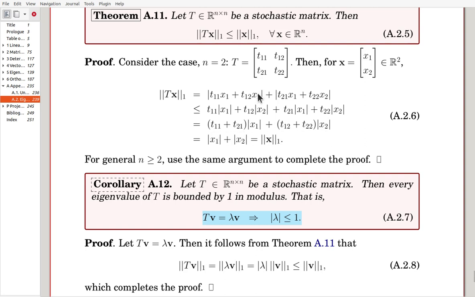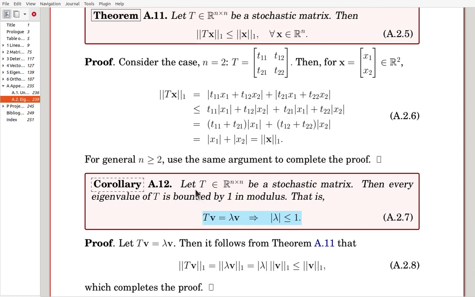Now this addition is the column sum for the first column, so it must be 1. And this one is the column sum, so it must be 1. So we have here, now this addition is the same as the 1-norm of x. So we reach this one when n is 2. But this argument can be easily applied for general n, so that we can finish the proof.